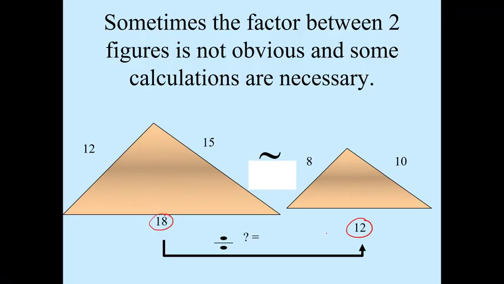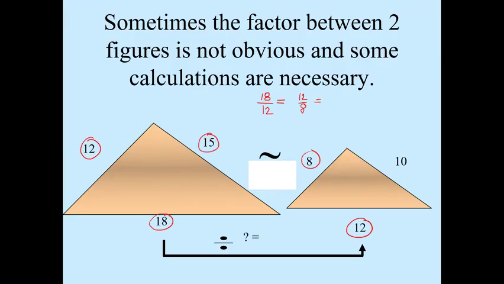But what we can do is set it up to see what we have for proportion. So we can just do 18, or I'm going to go from, it looks like it says from the largest to the smallest. So 18 divided by 12. All right. And then how about 12 and 8? Let's try that.